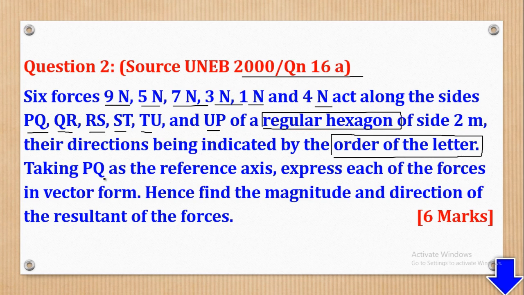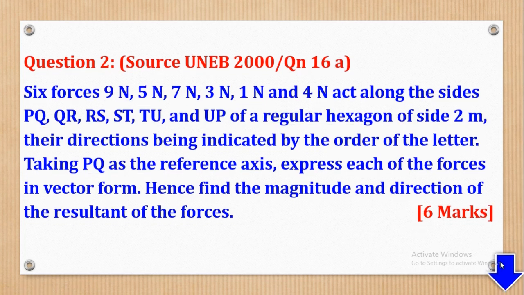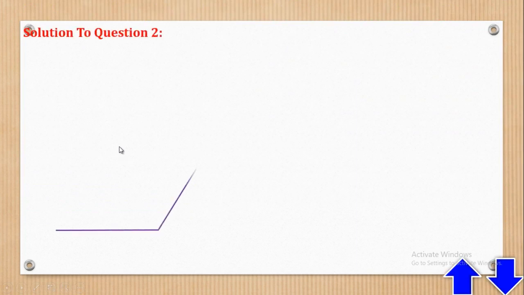Taking PQ as the reference axis, so in this case I've specified which one to be the reference axis. Express each of the forces in vector form. Then after that they said, hence find the magnitude and direction of the resultant of the forces. So the first thing to do is to make a sketch of our hexagon.